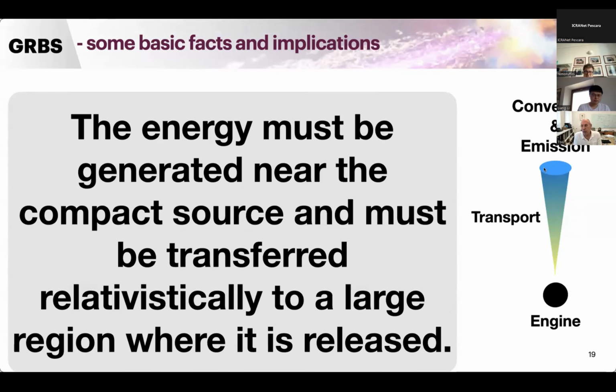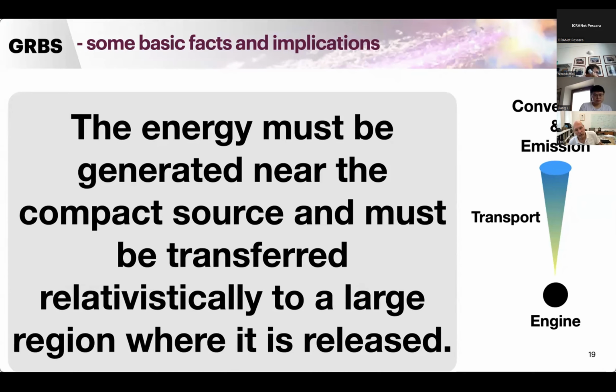There is a transport phase in which the energy goes out of the engine all the way to the outer region, and then the energy is emitted at large distances. This is the conversion or emission region where we get to see the gamma rays that we observe.